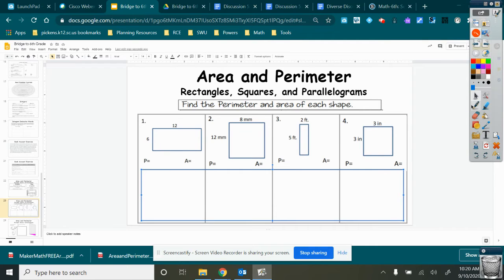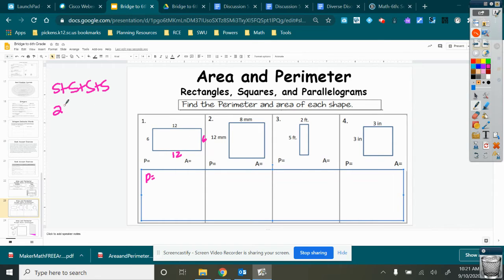So for perimeter, and this is where you want to pause it if you think you know so you can check yourself. For perimeter, there's two things that we can do, okay? We can add up all the sides, or because it's a rectangle, we know that opposite sides are equal, okay? They're parallel and congruent, or equal.